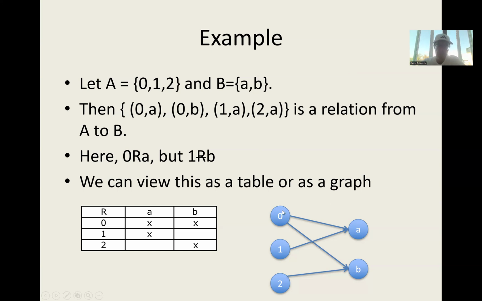So in that graph, we could see 0 is related to a and 0 is related to b. 1 is related to a, but 1 is not related to b. Likewise, 2 is related to b, but not to a. For me, the graph is fairly natural, but for you, it may be the table.